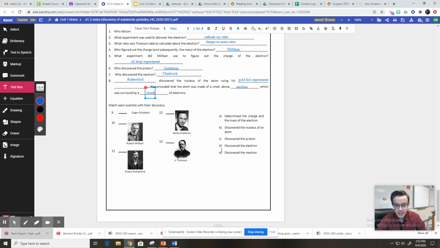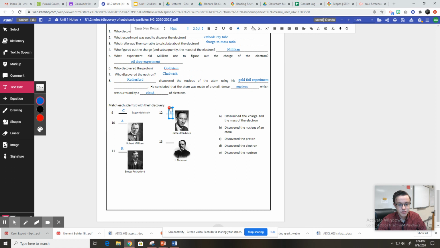Eugen Goldstein discovered the proton, so that is C. Number 10, Robert Millikan, remember he discovered the mass and the charge of an electron using the oil drop experiment, so that's A. And then Ernest Rutherford discovered the nucleus, which would be B over here. James Chadwick discovered the neutron, which is E.